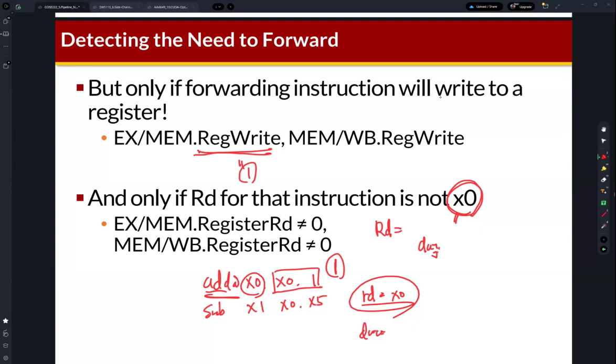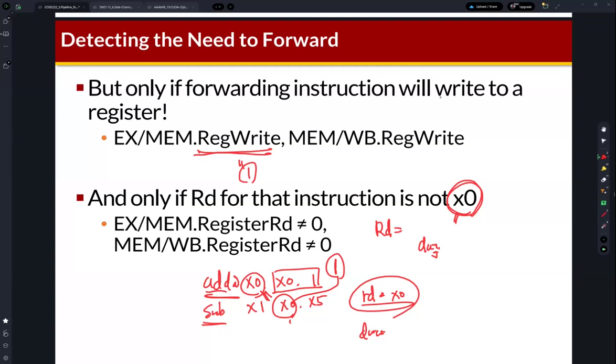And then you can find that the sub instruction also reads x0. So this means we can find the data dependency. But if we just put the 1 into this x0, then the sub instruction will generate the incorrect result. Okay, so we need to avoid this case.